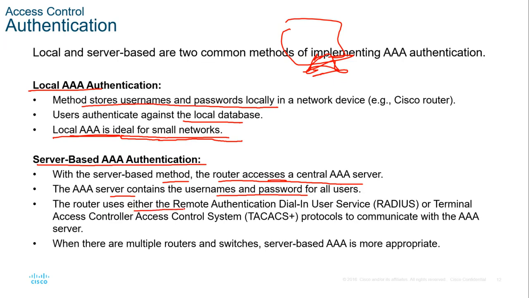The router uses either Remote Authentication Dial-In User Service, which is RADIUS, or TACACS, which stands for Terminal Access Controller Access Control System protocol, to communicate with the AAA server. When there are multiple routers and switches, server-based AAA is the more appropriate method to use, because the changes are done on the server and then affect all the other devices, be it a router, a server, or a switch on the network.